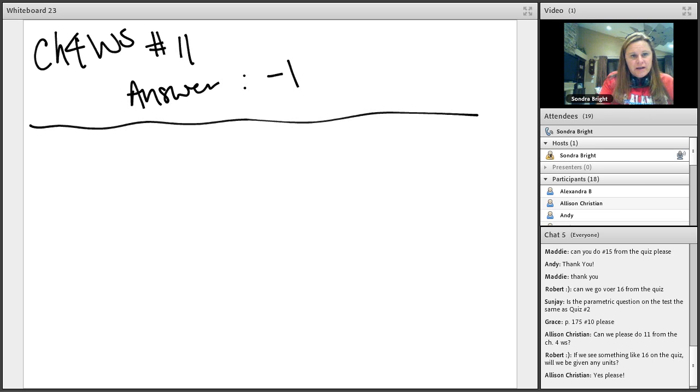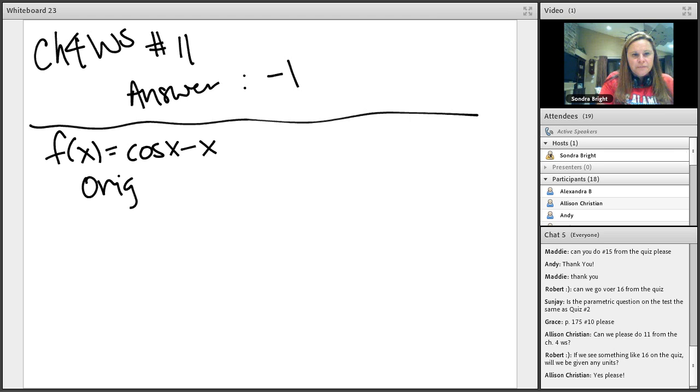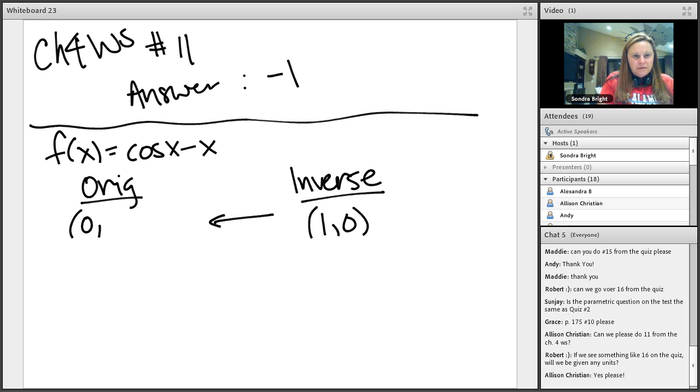All right, so this is again, they want you to find the derivative of the inverse. So you've got f of x is cosine of x minus x. Okay, so you've got your original and you have your inverse. And they gave you that the inverse, when you plug in a 1, you get a 0. So they gave you this point, which means you're going to come over here and you're going to flip it.